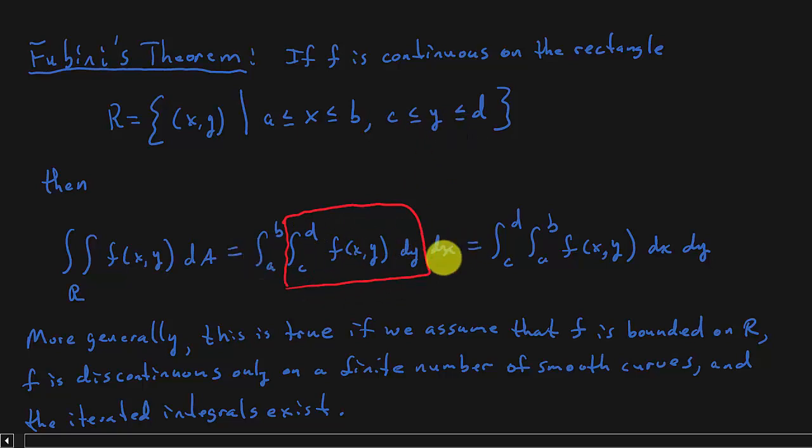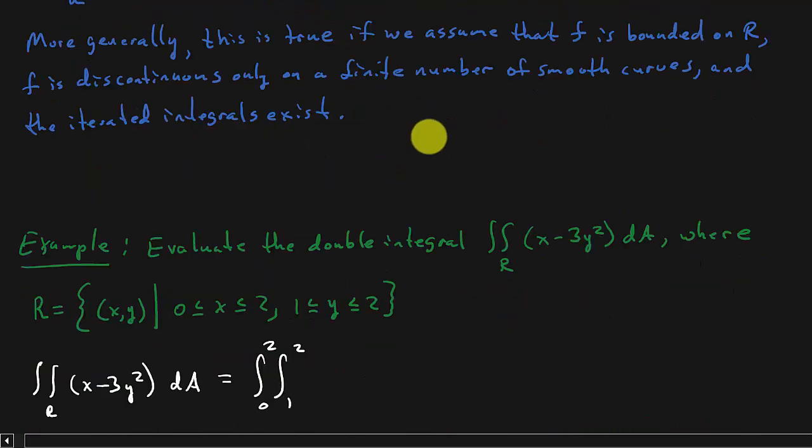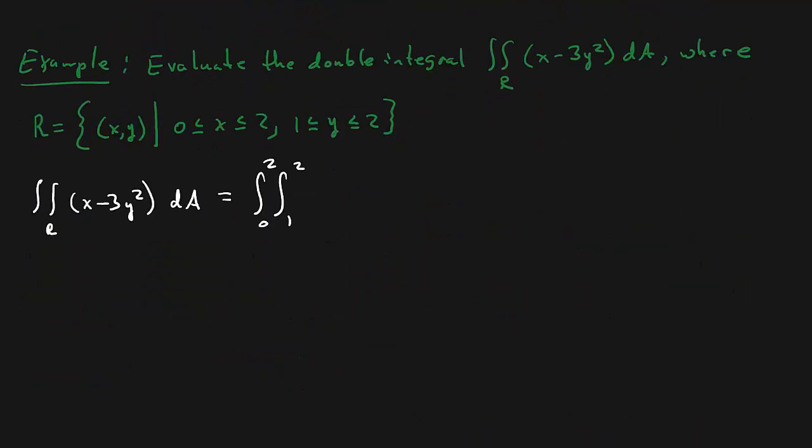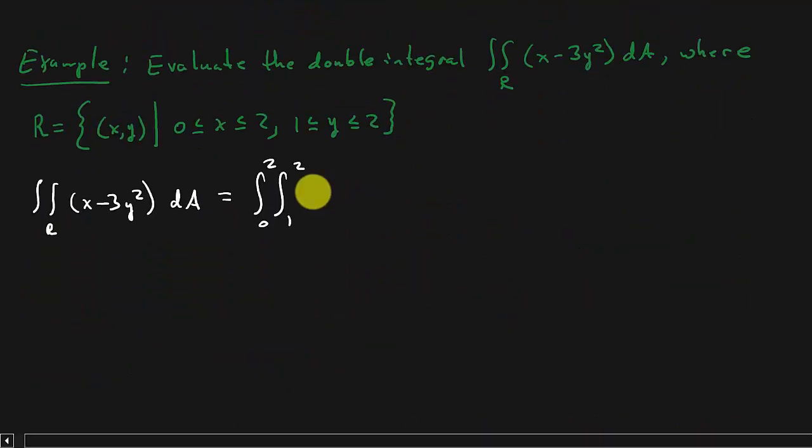And then I'm just working my way out. So then I've got the dx, and that needs to be the a b out here because I'm doing that next after I do this in here. And that's going to be x minus 3y squared times dy dx. You've got to get your limits right, what order you put them in, and the dy dx.